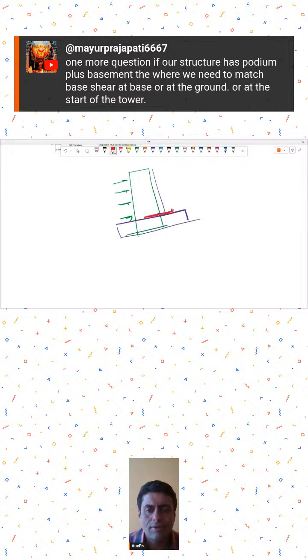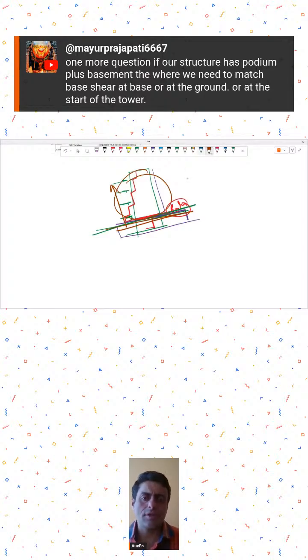But let's say you had this podium level and there was a shear reversal happening, that means my shear forces were adding up like this, and suddenly the shear force changed its sign due to large reaction from the podium. Then I think you should do the base shear scaling at this level, assuming this is the final level, and above this you calculate the summation of all shears, and the summation of all shears for dynamic, and then do the base shear scaling.